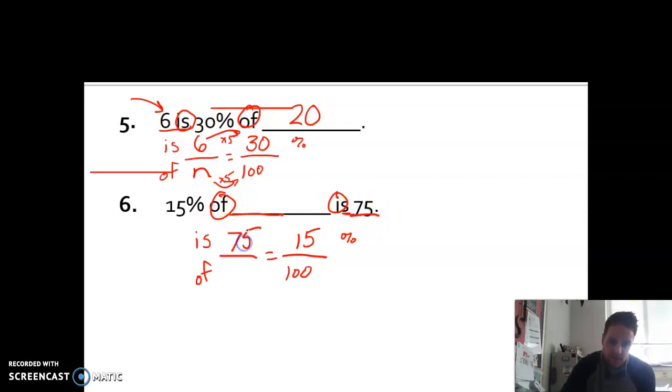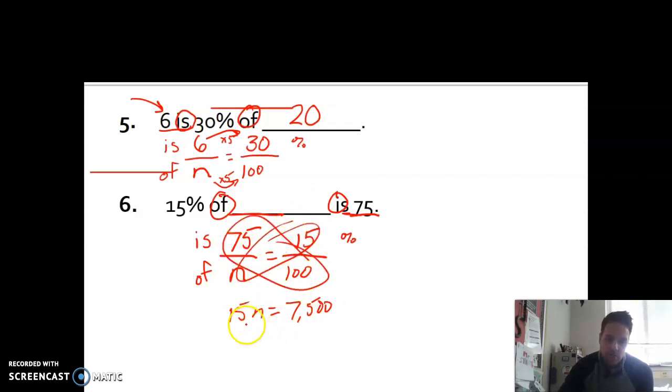Is, they're telling me it is 75 of blank. Of blank, I don't know that. All right. So 75 times 100 is 7,500. 15 times n is 15n, so I'm just cross multiplying here, right? And I'm going to divide both sides by 15. And n equals, let's see, what's 75 divided by 15?